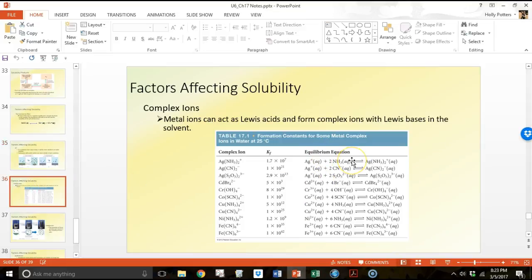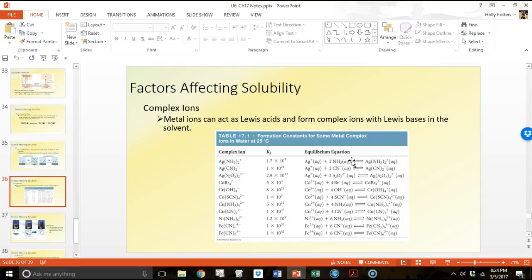So another thing that affects the concentration of the ions and therefore the solubility of the salt is the formation of complex ions. We worked with complex ions in our equilibrium lab with iron thiocyanate, and essentially it's a complex ion.